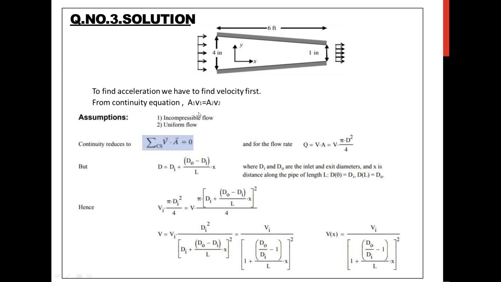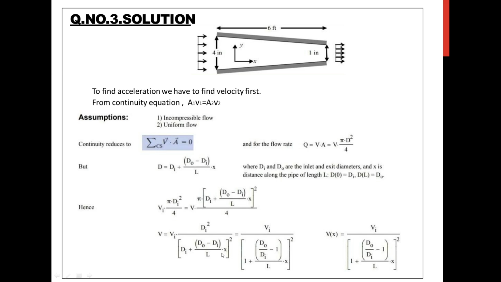Now again, putting the values from the continuity equation, taking consideration of inlet and of a diameter d, we will get ai vi equal to a v. Here a is equal to pi d square by 4, and d is equal to di plus (d naught minus di) by L into x, and the inlet area will be equal to pi di square divided by 4.